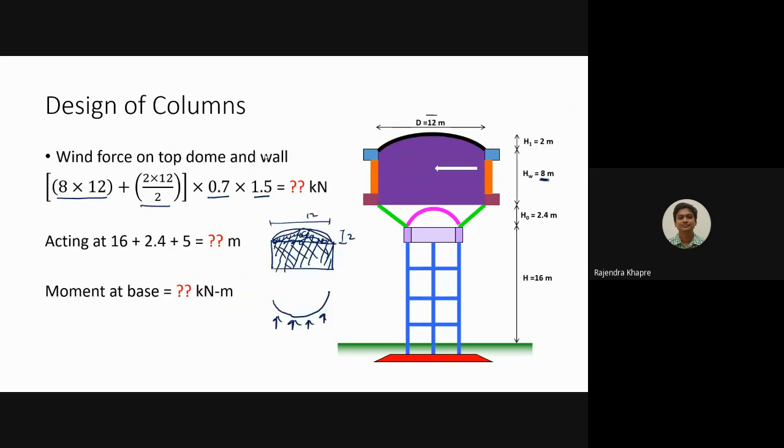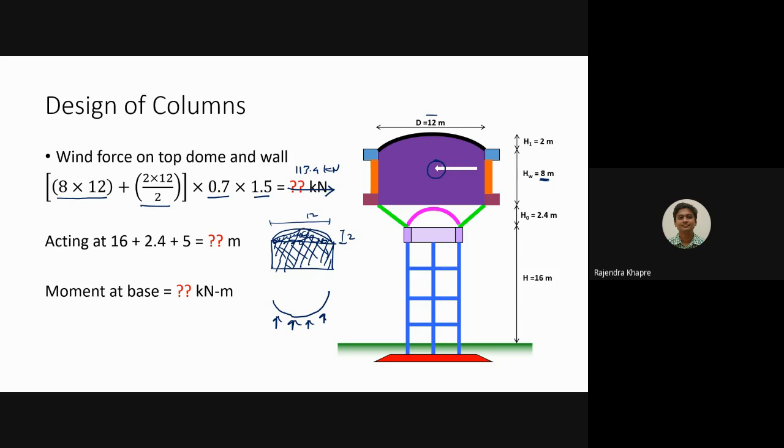If you go for this calculation, you are going to get the horizontal force. How much is this horizontal force? 113.4 kilonewton. Now if you refer to this figure, it is acting at this particular level.